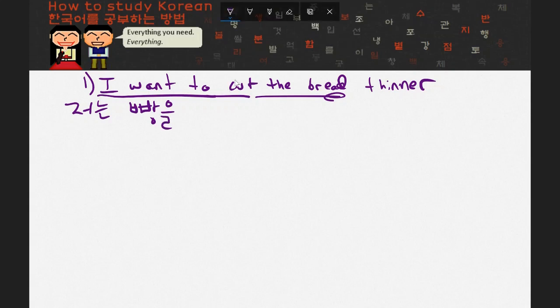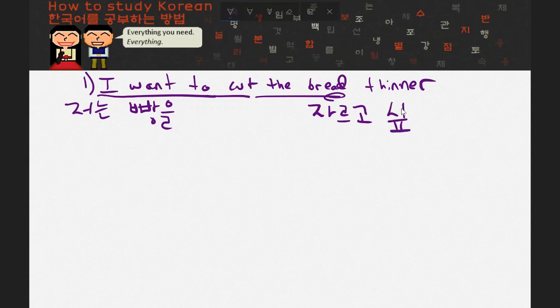As I said, that's the object, so I'm going to include the object particle on it. Now, if I want to indicate that I'm going to be cutting the bread, what I want to do is use the word 자르다. But as you learned in a previous lesson, if you want to indicate that you want to do an action, what you should do is take off 다, and you should add 고 싶다.